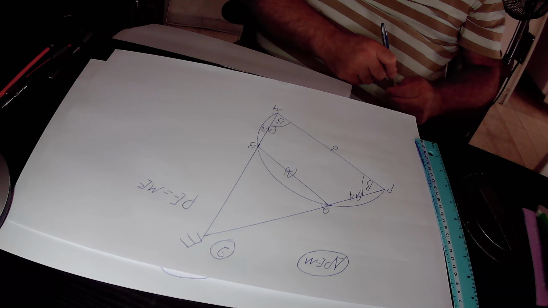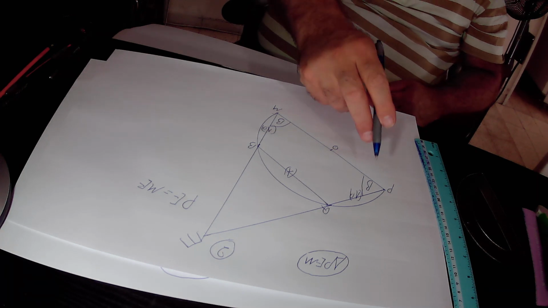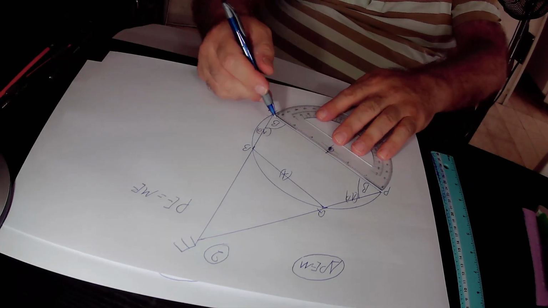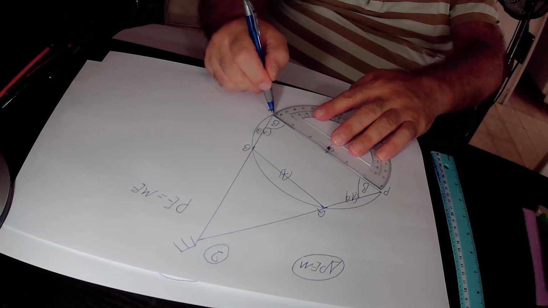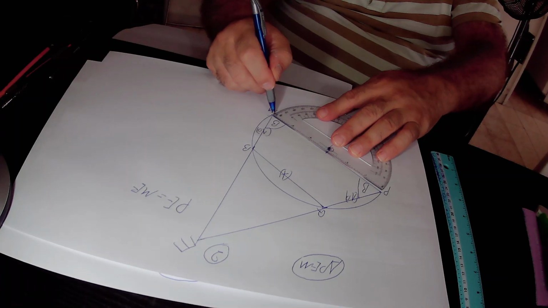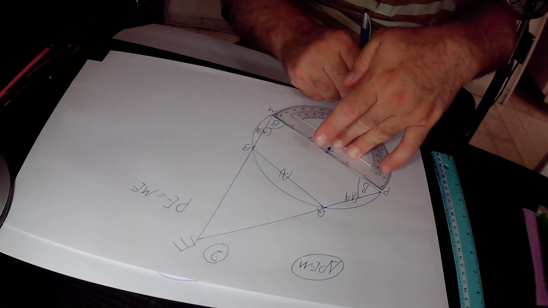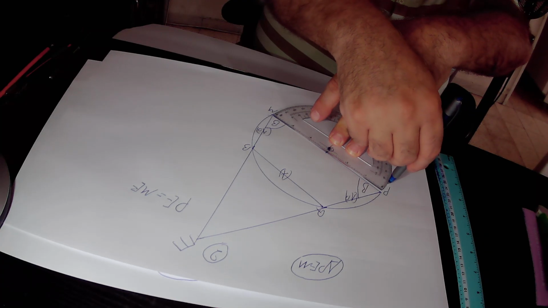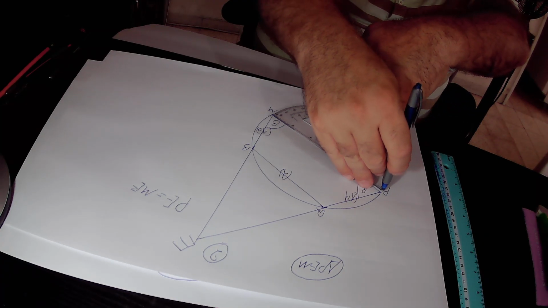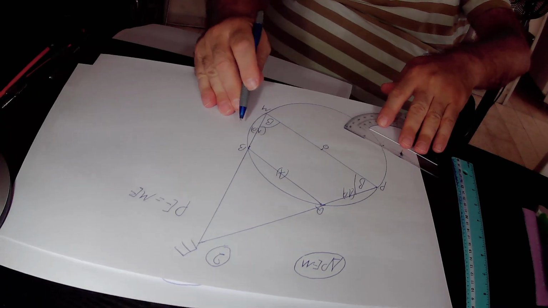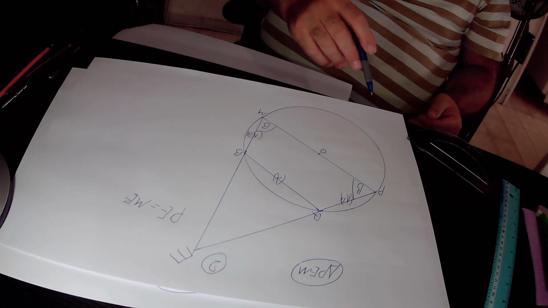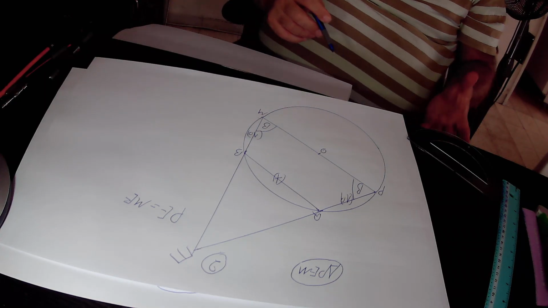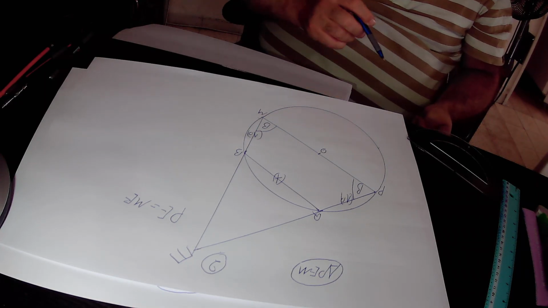In the next step, we'll complete this semicircle to a circle. So in the drawing, we have quadrilateral PQBM. This is quadrilateral PQBM that is described by this circle.